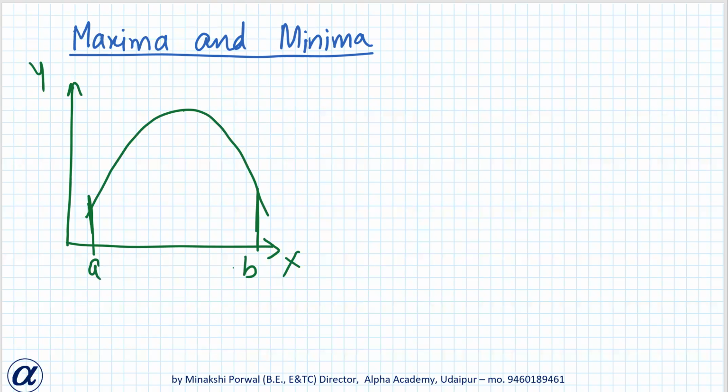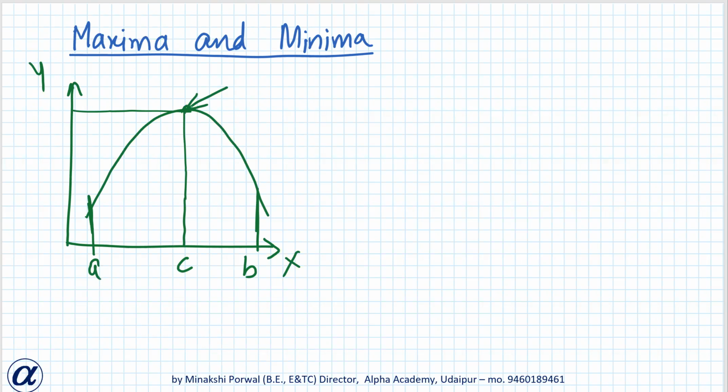Then suppose at point C, this is the value of the function. So this point is called maxima, or the maximum value of the function is at this point.